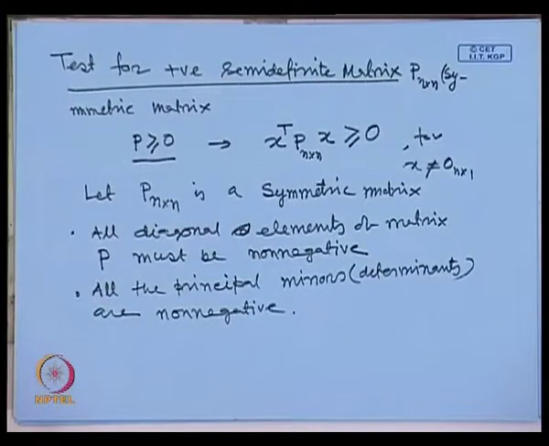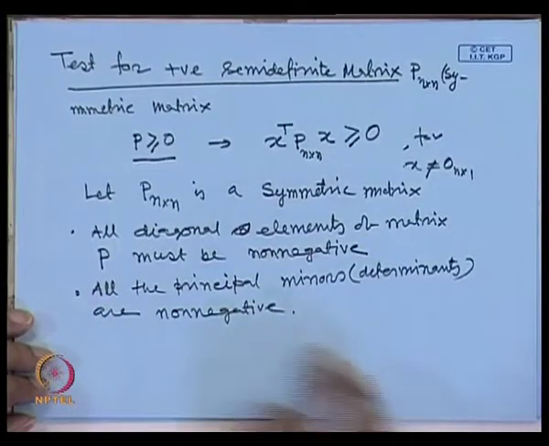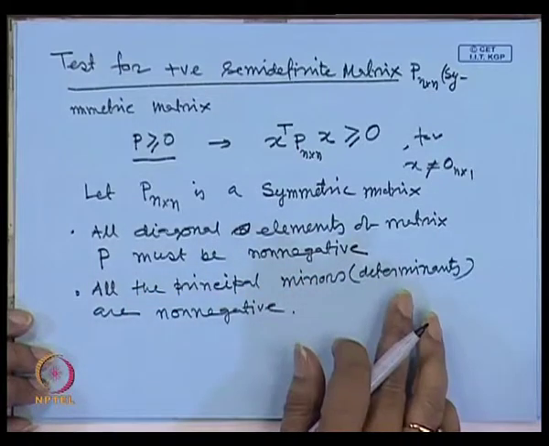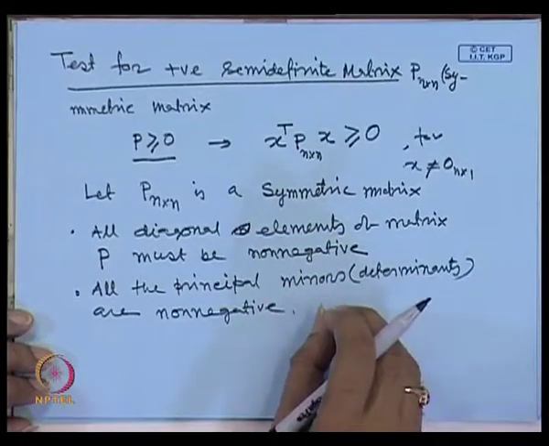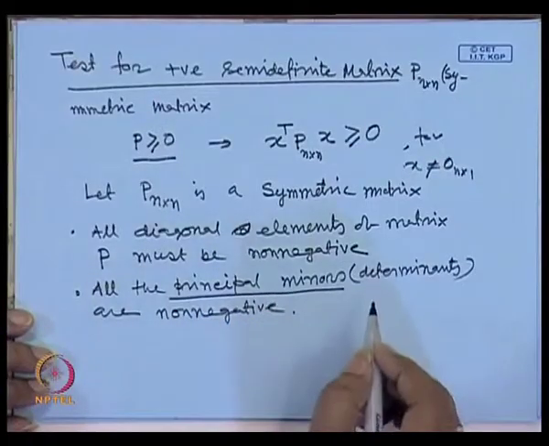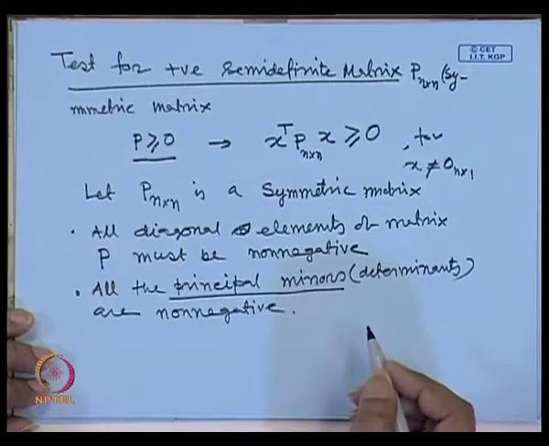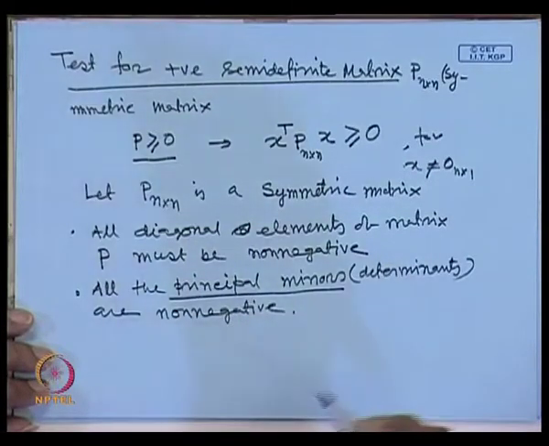Agree? That means all principal minors, the determinants, will be positive and some may be 0, but cannot be negative. Then we will call this a positive semi definite matrix. So, I must know what the principal minors are and how to find the principal minors of a symmetric matrix P.